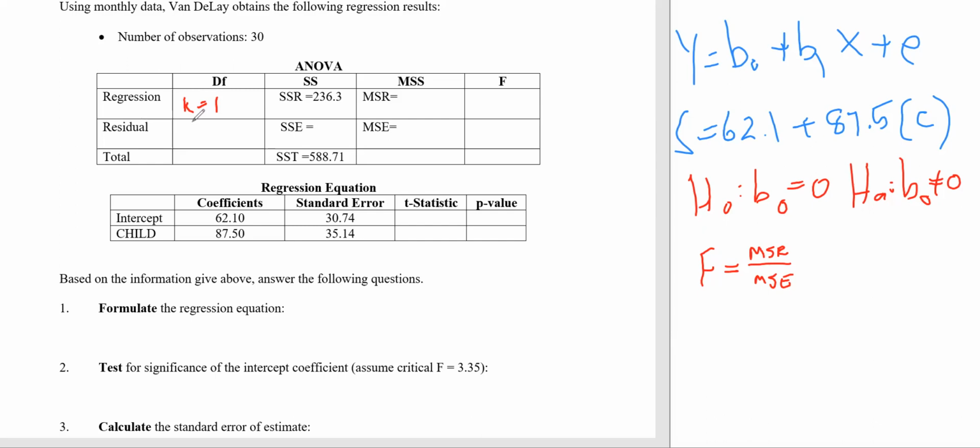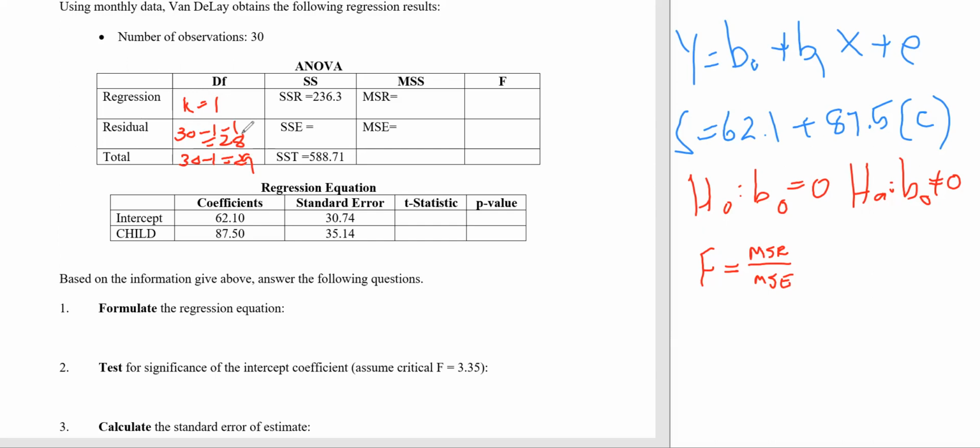So n is 30, k is 1, and take away another 1, so that's going to be 28. And so the total degrees of freedom are n, 30, minus 1, which is 29. That's good because 28 plus 1 is 29. It works out so far.